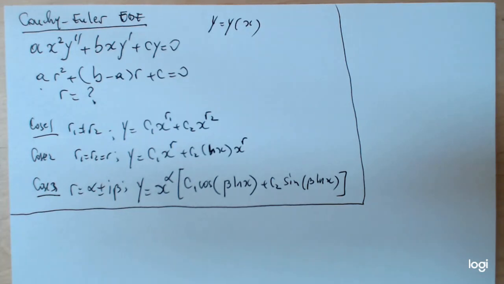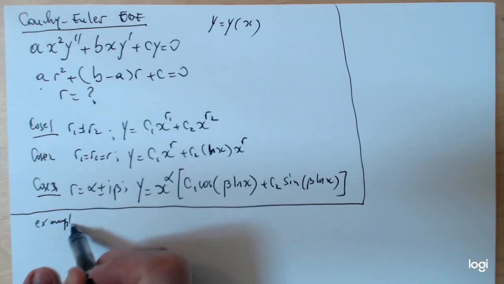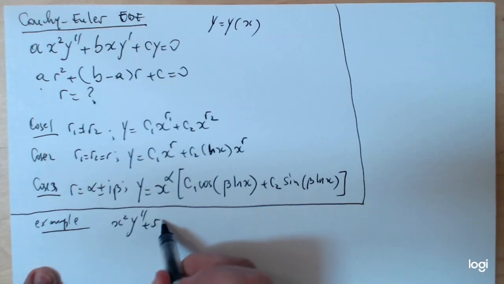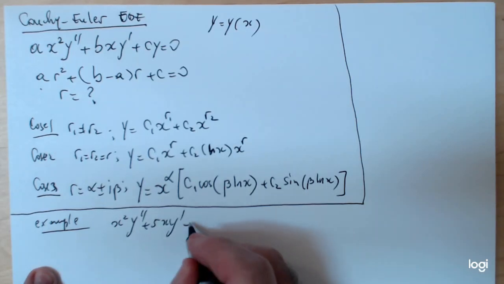Okay, so let's go over an example that leads to this, and then I'll see how much time is left because I don't want to overextend this. We're going to go over maybe quickly the type of boundary value problem that leads to this. So let's say I want to solve x squared y double prime plus 5x y prime plus 4y equals 0.